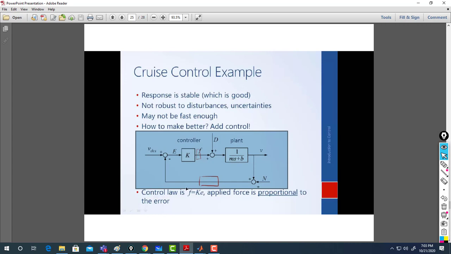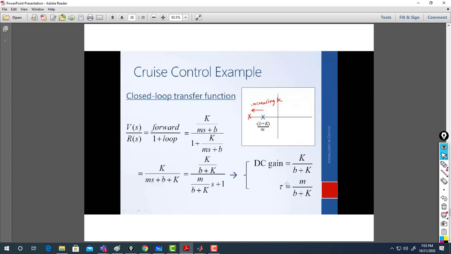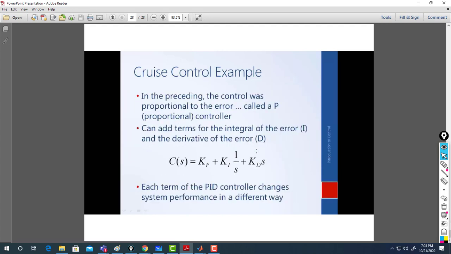Let's go to the chapter. Here actually they demonstrated. They found the gain, the tau, they found b plus k over m as we did. Okay. So in the preceding, the control was proportional to the error, called a P controller. We can add terms for the integral of the error and the derivative of the error, and we get the PID controller.